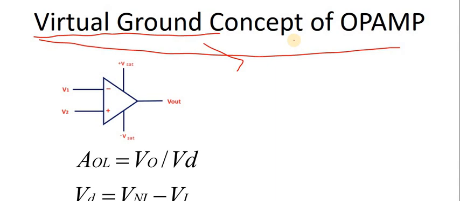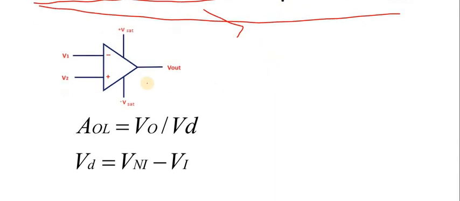So what is virtual ground? Now, this is the simple op-amp with two inputs V1, V2, bias VSH, minus VSH, and Vout.